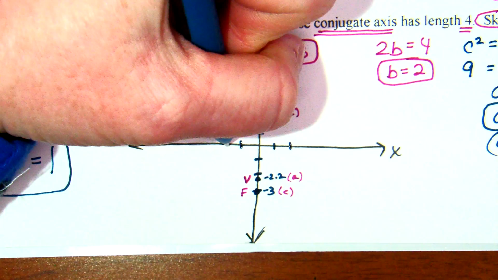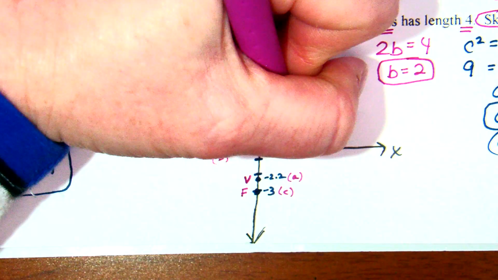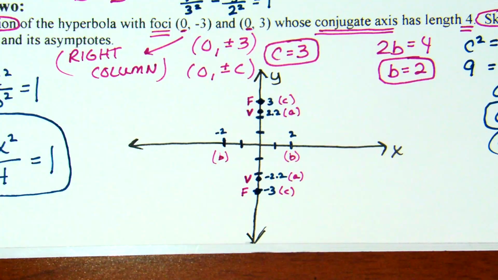Now, I am not saying that you make dots there or anything. But we're going to use our A points and our B points to create a box that our asymptotes will go through. Okay, this is, I feel like, the best way to do this.